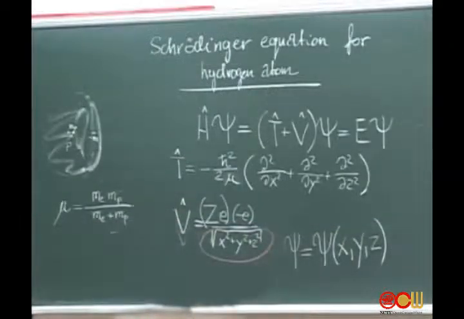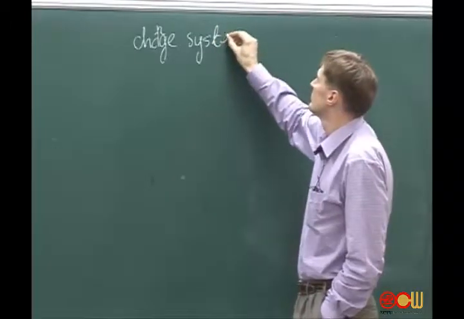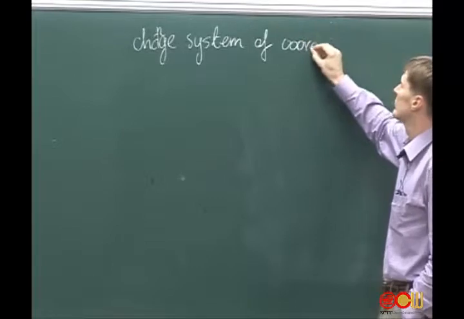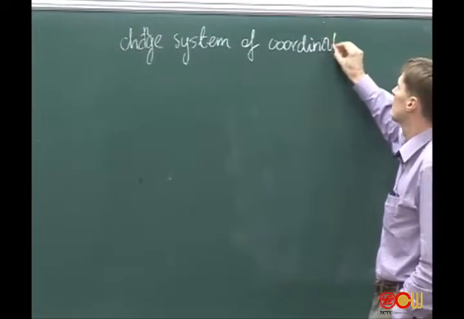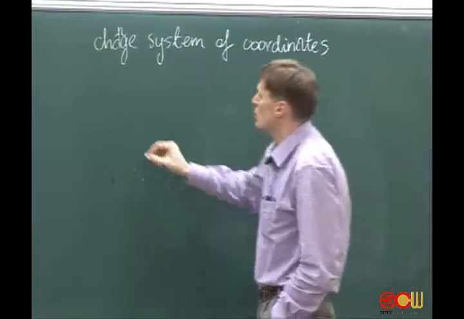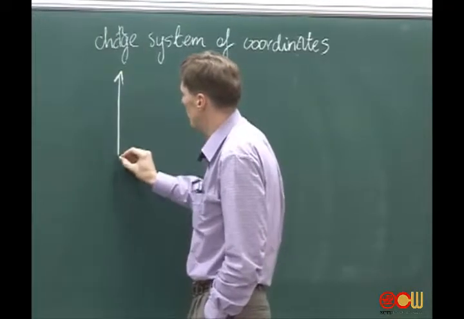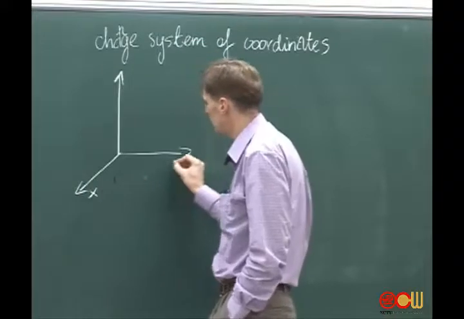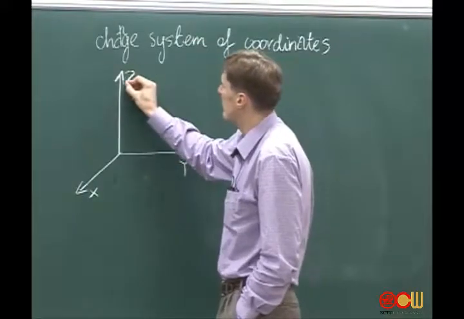And that's why the first thing we are going to do is change the system of coordinates. Usually you get used to that. We always represent the position of everything in space using the x, y, and z axes.